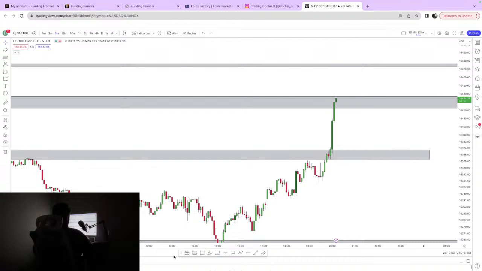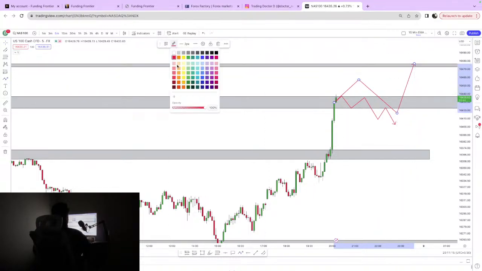Although it's a short one, we may get a trade. So either anything like this, or anything like this. These both are possible right now.